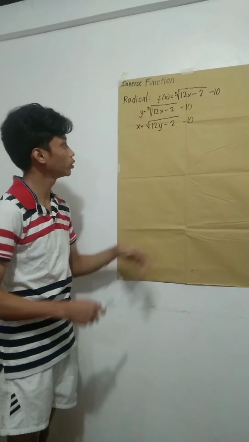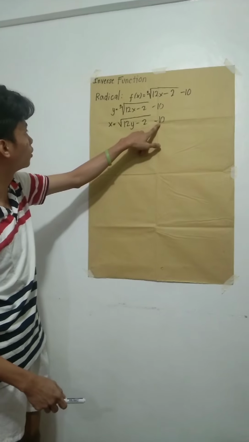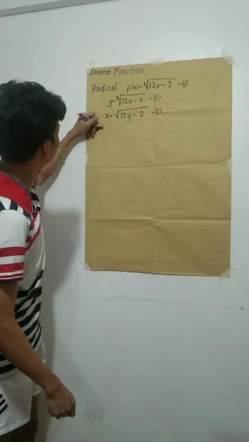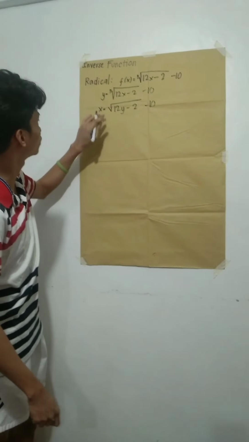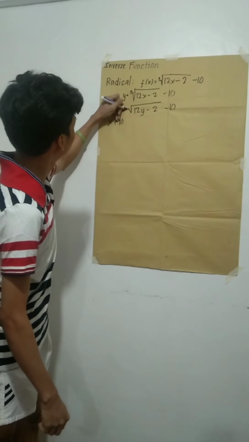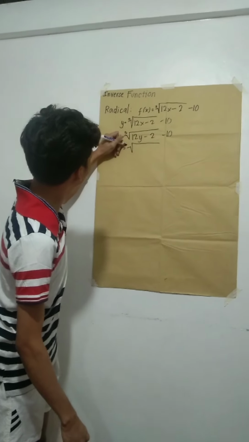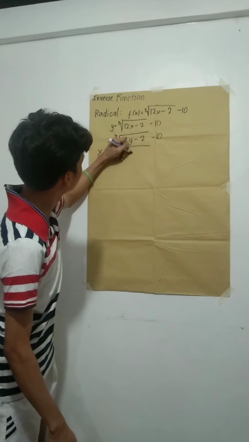Next, we're going to move this negative 10 to x, so that would be x plus 10, because we cross the equal sign, is equal to cube root of 12y minus 2.